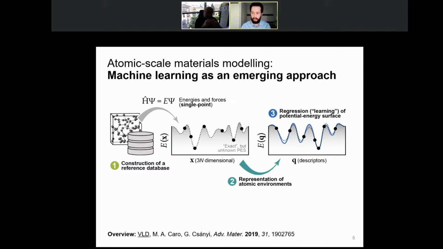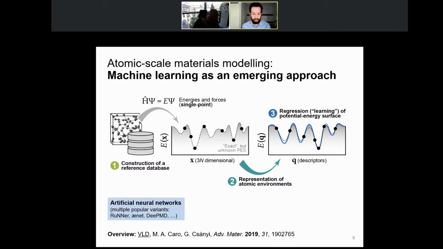And there have been seminars before in this series where you've been shown how to encode these atomic environments. And the third part is then the regression or the fitting task itself. And very, very generally, there are three major types of methods that are in active use today. So the first, artificial neural network potentials, was pioneered by Jörg Behler, who's now in Göttingen.